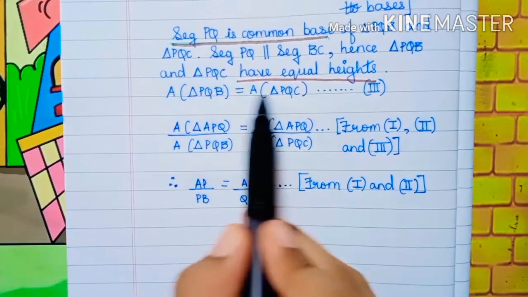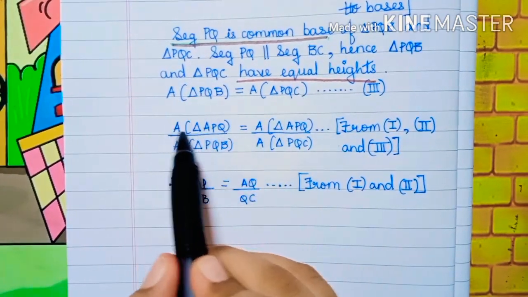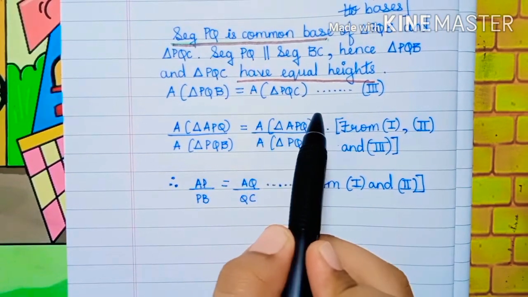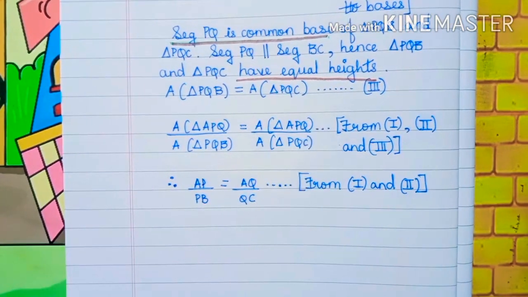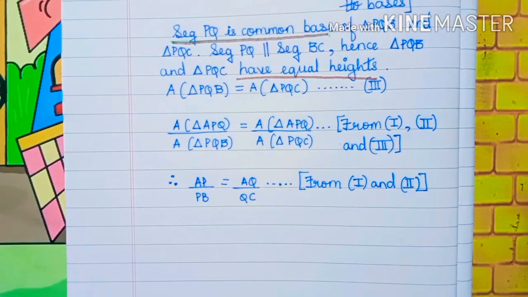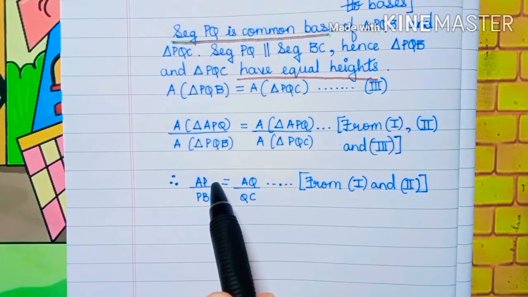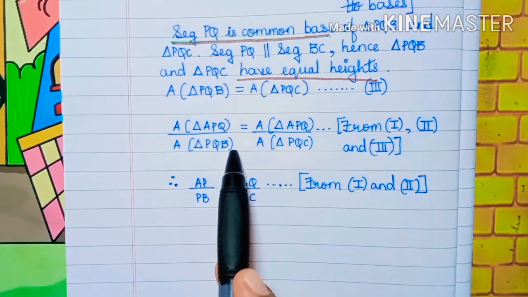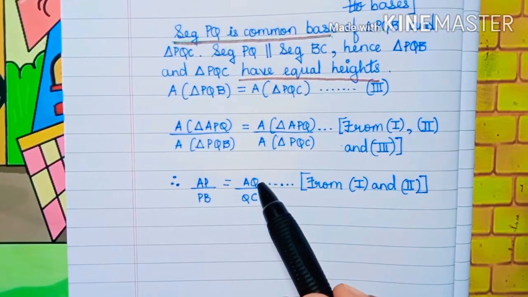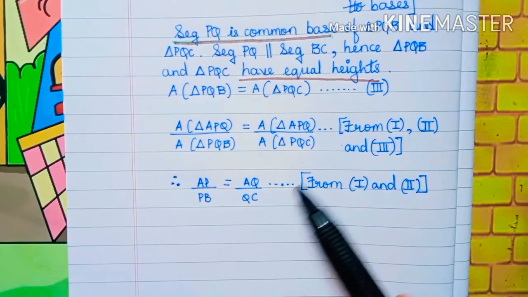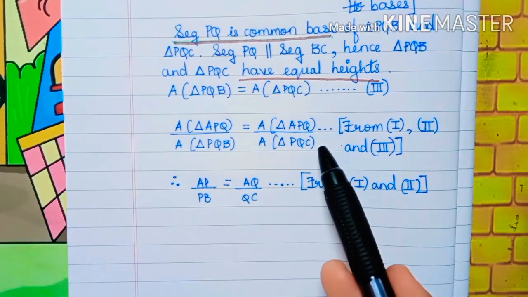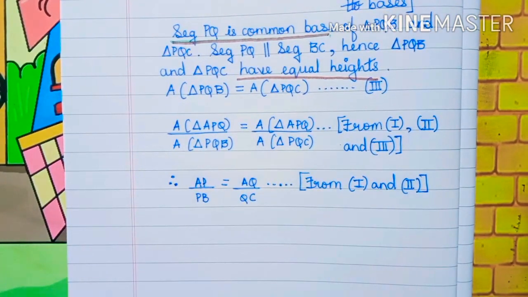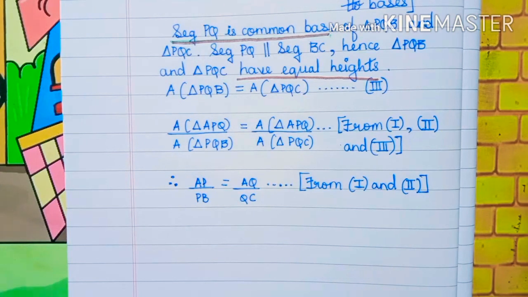Because these both are equal, the numerator also becomes equal. When we further do it, we get AP upon PB, that was equal to area of APQ upon area of PQB, and AQ upon QC, that was equal to area of APQ upon area of triangle PQC. Hence, we have proved the theorem that was given to us.